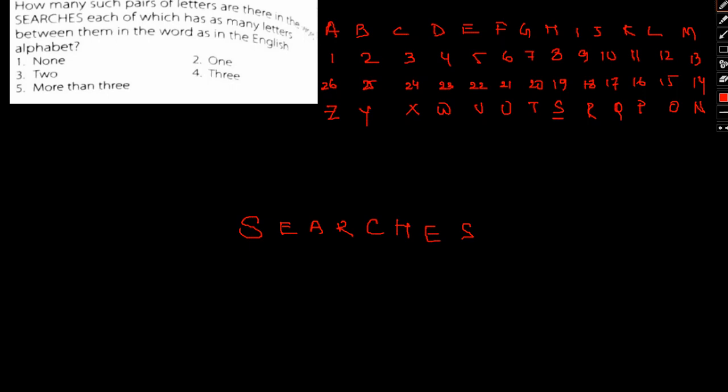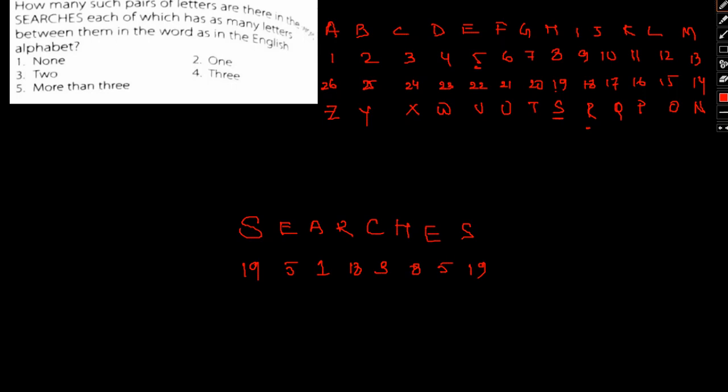S here is 19, so we'll write 19 below S. E is 5, A is 1, R is 18, followed by C is 3, H is 8, E is 5 and S is 19.